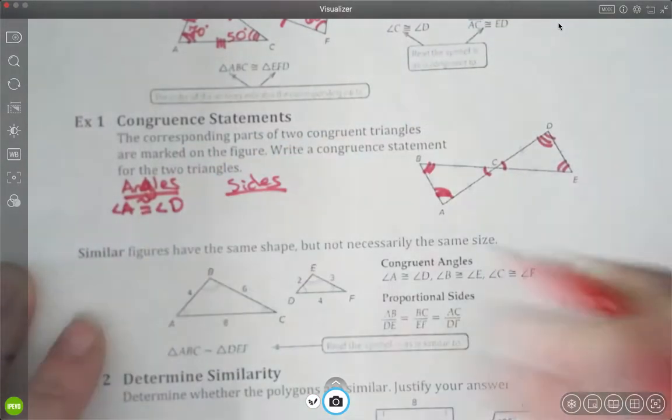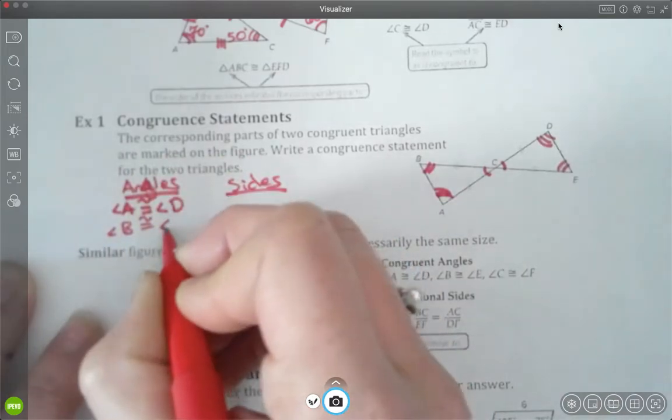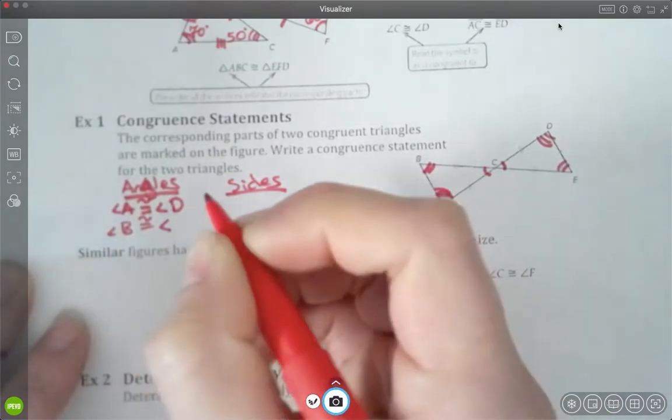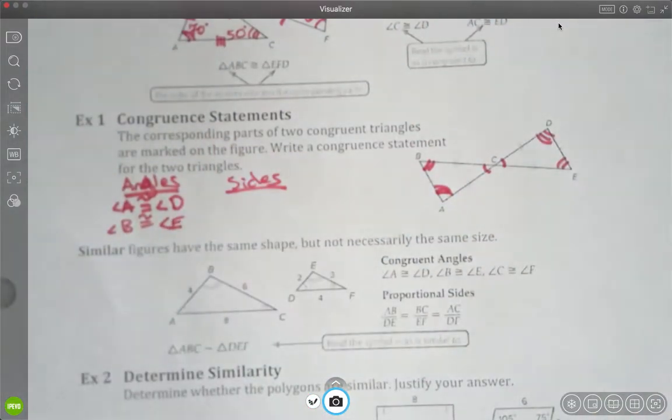D. Okay, angle B is congruent to angle... What one does B go with? E. Okay, now we have to be really careful about angle C. There are technically 2 angle C's.